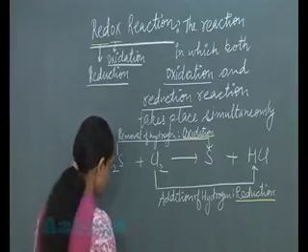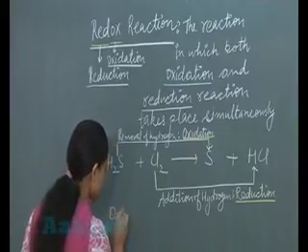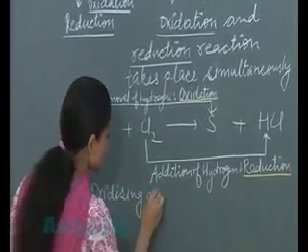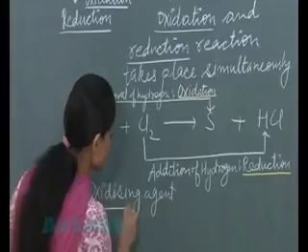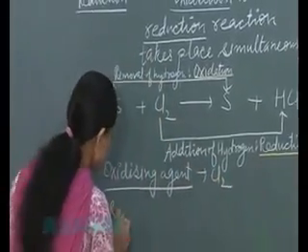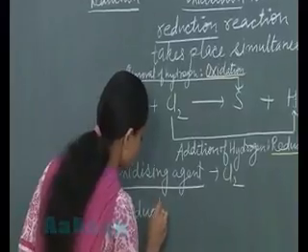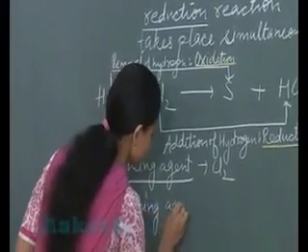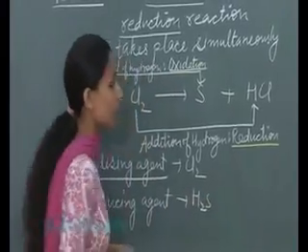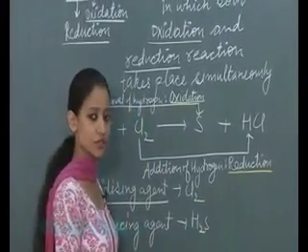So in the above reaction, the oxidizing agent is chlorine, whereas the reducing agent is hydrogen sulfide. I hope students this redox reaction is clear to you.